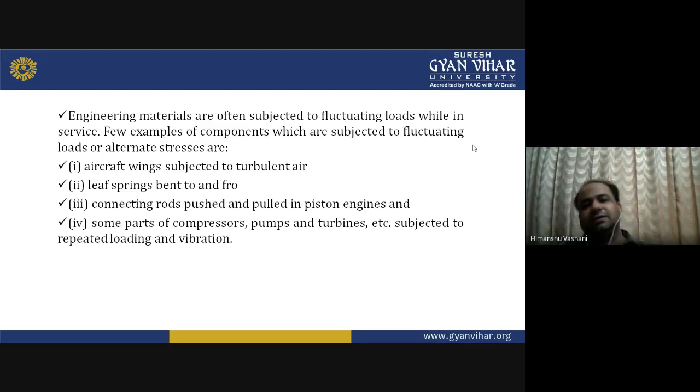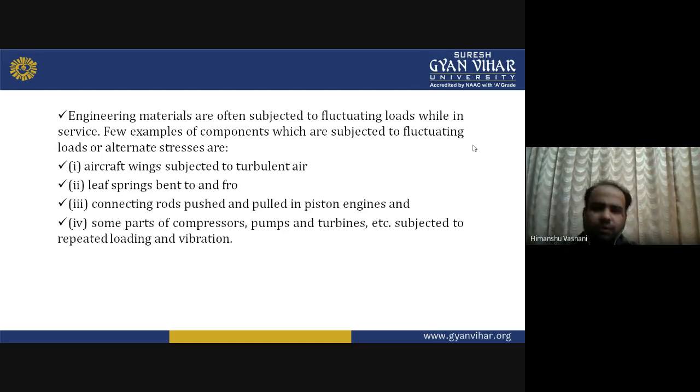So these components listed here are subjected to fluctuating loads, and they are made for such kinds of loads.